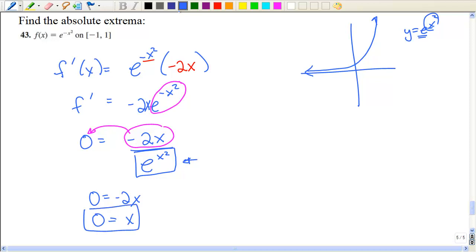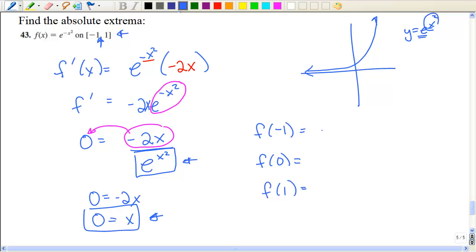So that would be your one critical value, and that is in the range that they want us to test the absolute extrema. So now we need to evaluate the function at the endpoints of the interval they give us, along with any critical values that we found.